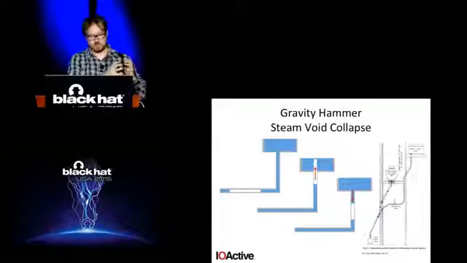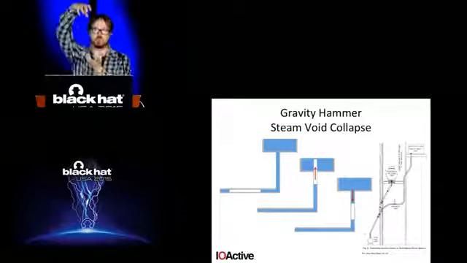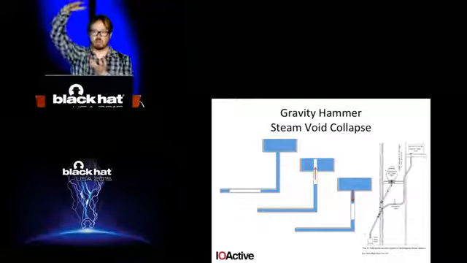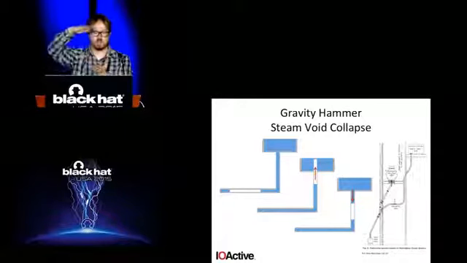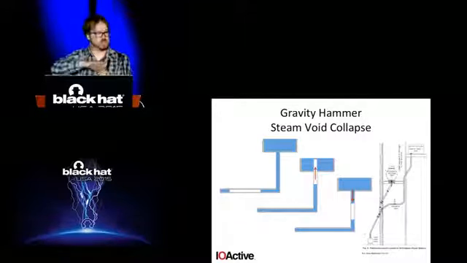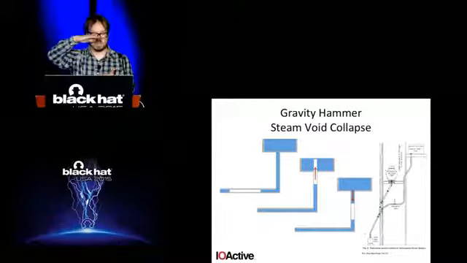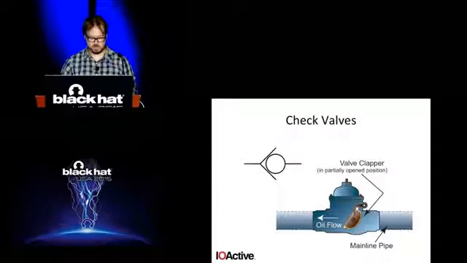If you push the slug of steam through the line, it bubbles up through the top, and as soon as the steam bubble pops through, the cold water drops down and hits the steam below. The steam then transitions from a gas into a liquid and creates suction, sucking the top back down and slamming on top of it. So if you've got several tons of water in the tank, then that's several tons of force sitting there popping on top of it.